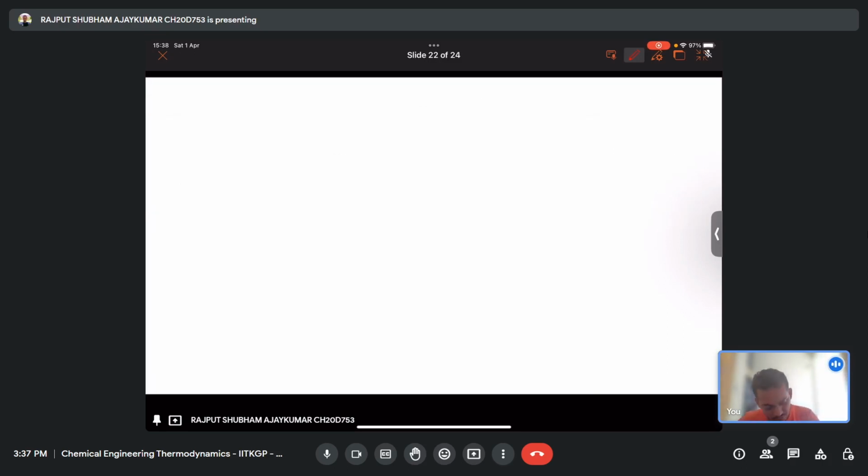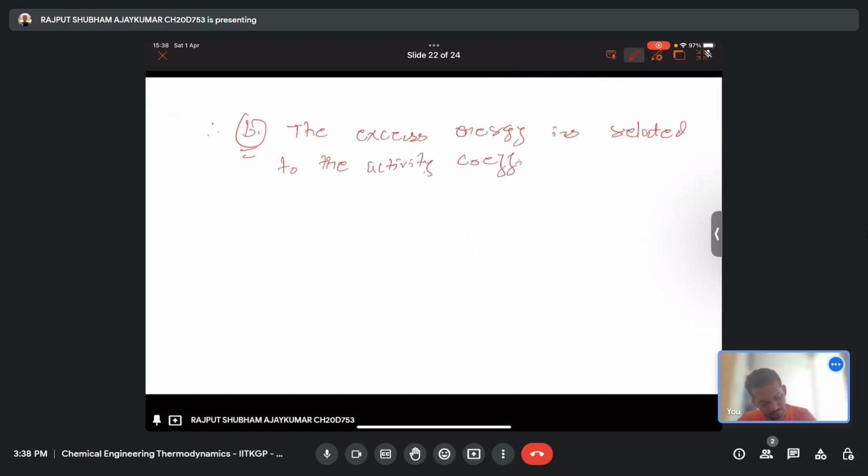Now they have told us to find the value of G excess by RT, the excess Gibbs free energy. It is related to the activity coefficients by the following equation.